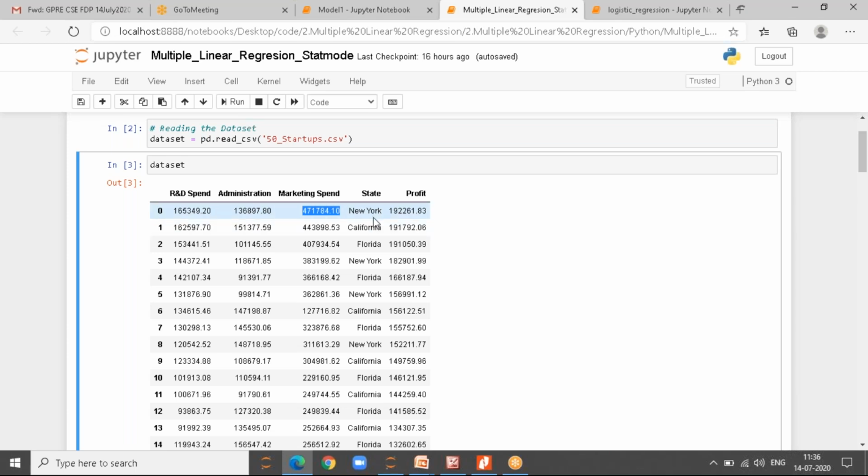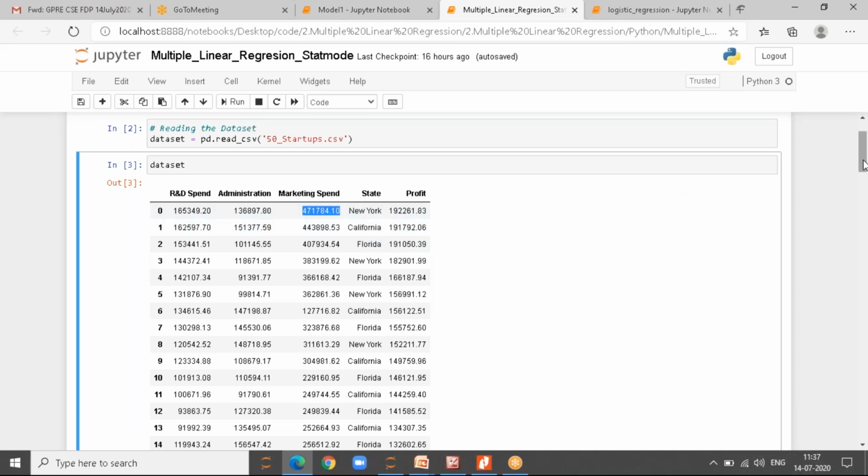If in my column New York is present, I put 1. If I find California, I put 1 over there. Like Florida, in the same manner, wherever the attribute is present I put 1s, and in all the remaining places I put 0. This is nothing but one-hot encoding.